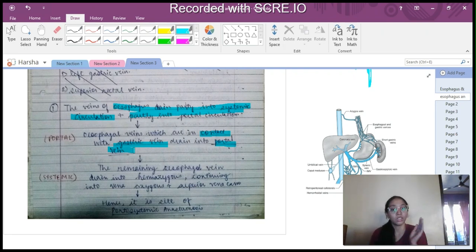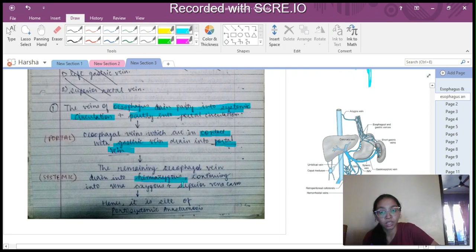But the esophageal veins which are not in contact with the gastric veins drain into the hemiazygos vein, azygos vein and superior vena cava veins. Those that drain into these veins are known as systemic veins, and this is known as the portal vein. So hence it is an important site of portosystemic anastomosis.